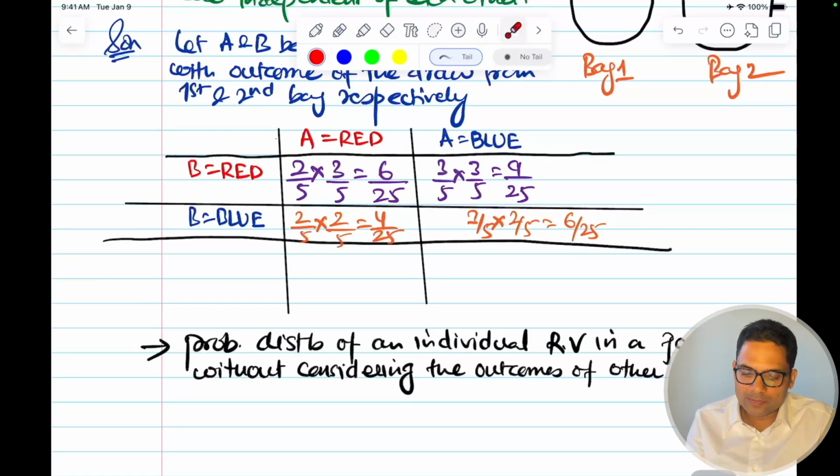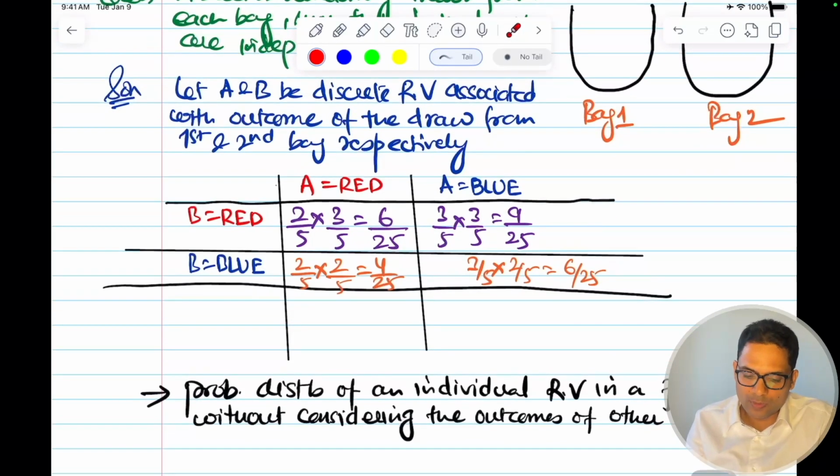Here in this example, if you consider only this, that in the first draw I got a red ball, what is the probability of that? The probability of getting a red ball in the first draw and a red ball in the second draw is 6 by 25, and the probability of drawing a red ball in the first draw and a blue ball in the second draw is 4 by 25.